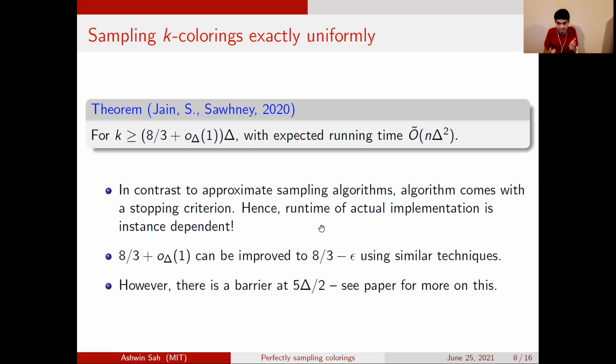It turns out that in order to do it, one has to run some sort of modified Glauber dynamics along with a stopping criterion. And the stopping criterion is very complicated and could depend on what the coloring looks like at a certain given time and other things. So the actual running time here is instance dependent, but you have a good expected running time.